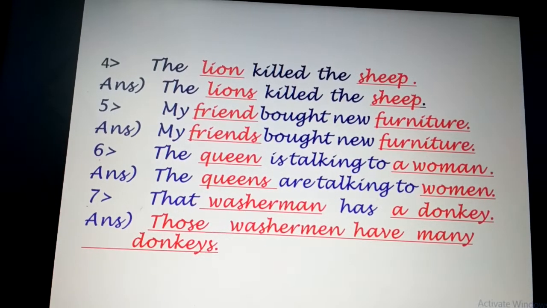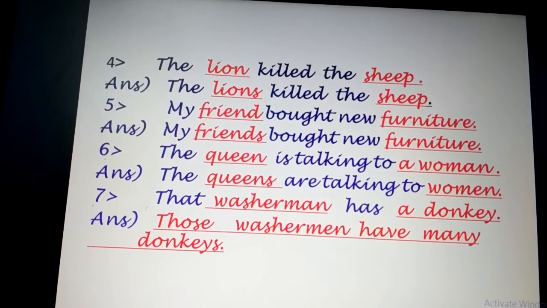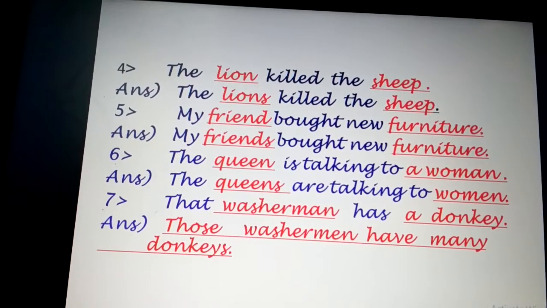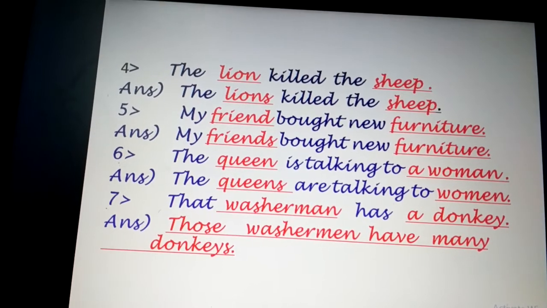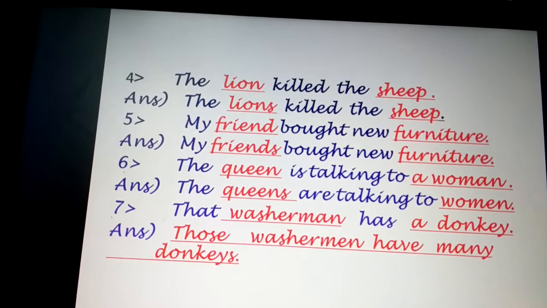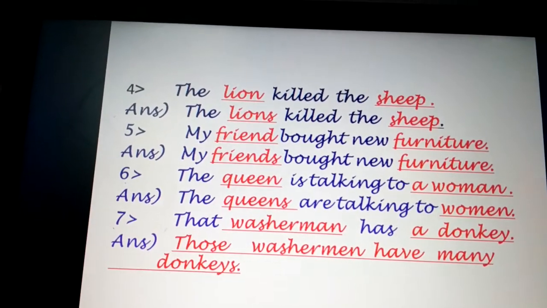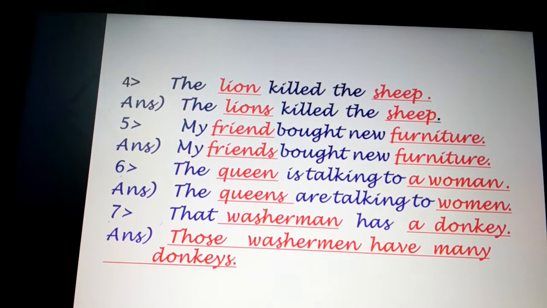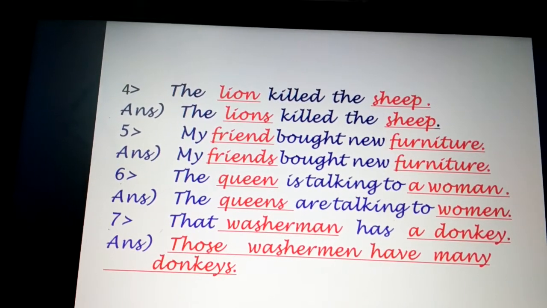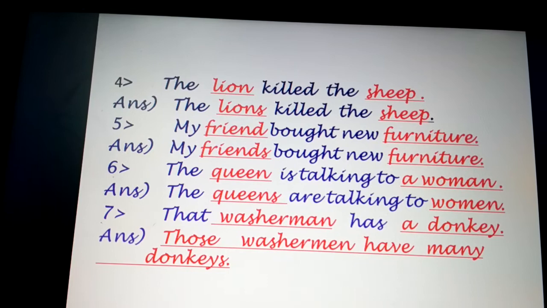Queen changes into queens very easily. And the word woman, which denotes a single person, as is obvious through the use of the vowel a, undergoes a change, and the vowel a changes to the vowel e. So the answer is now, the queens are talking to women.